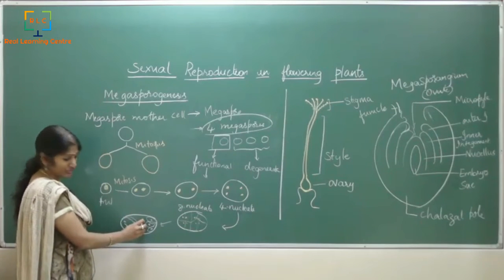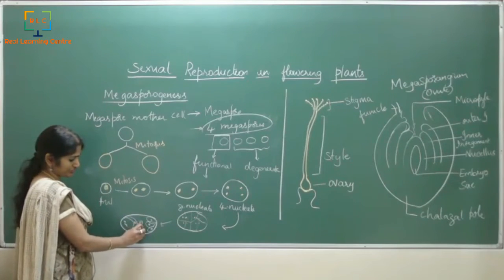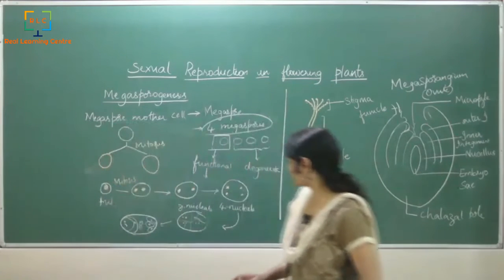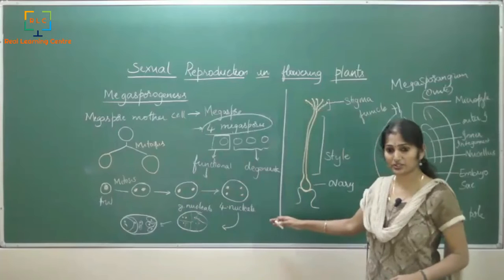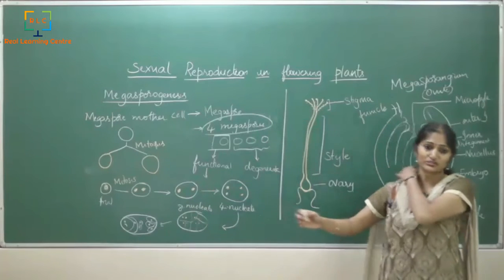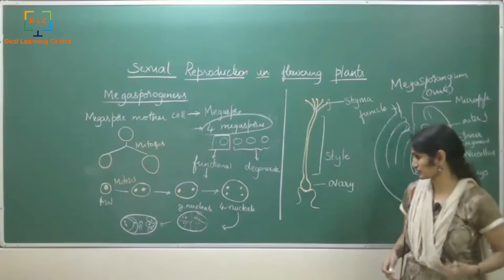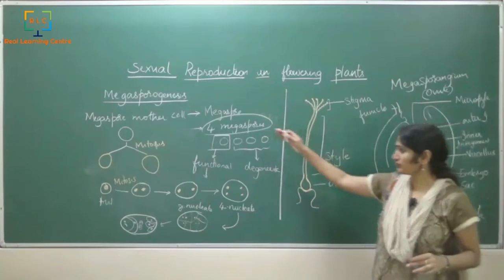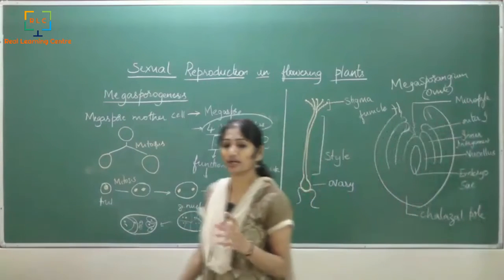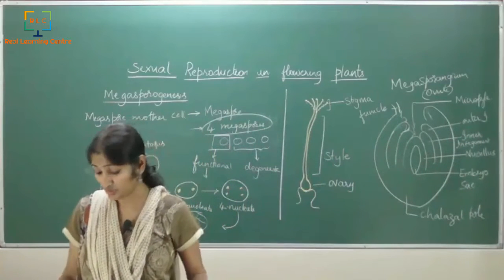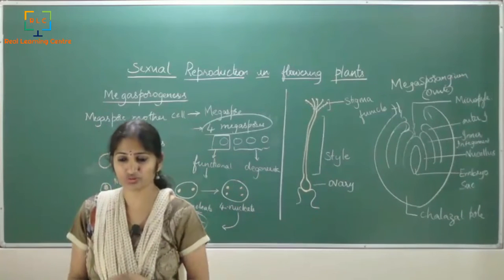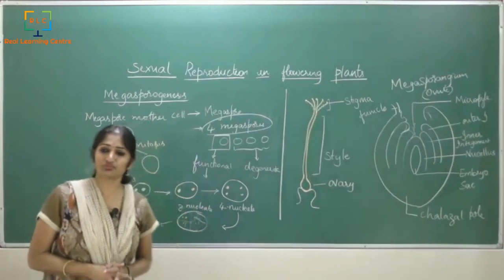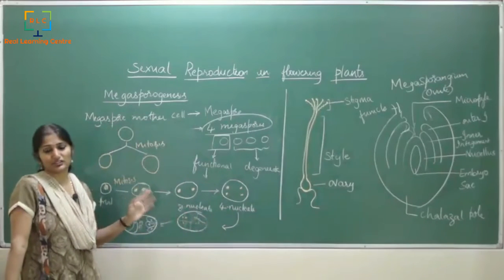And somewhere in the center you will have the 2 nuclei that are present. Now this is a very important concept because you will realize its importance when we start talking about double fertilization. So just for now, remember that one functional megaspore cell would undergo a series of nuclear mitosis, which would be a better term to use, and would finally give rise to 8 nuclei.